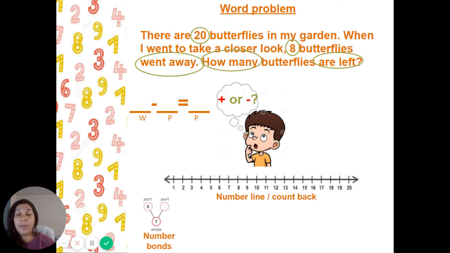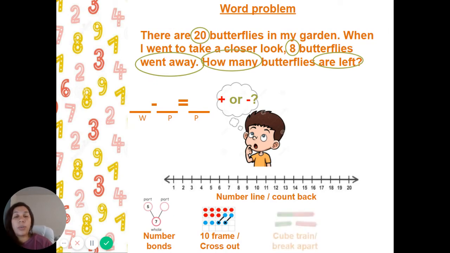That's a good strategy. Then we also can use number bonds. In this case, if you take a look at the example, you have the whole and one of the parts. You need to find the other part. Also, we can have 10 frames, and instead of organizing them, you just cross out numbers so you can get to it.